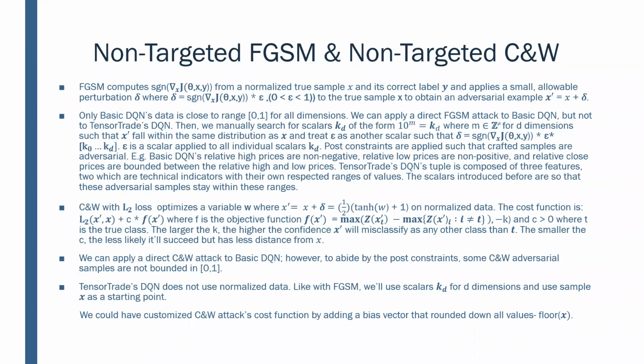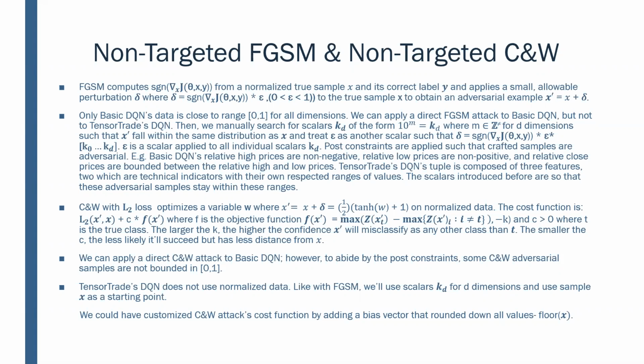So now I'm gonna have to get a little bit mathy, but it's not necessarily too important to explain exactly what's going on. But for non-targeted attacks, right, we have FGSM and CW as mentioned before. For FGSM, right, we are going to calculate the gradients.